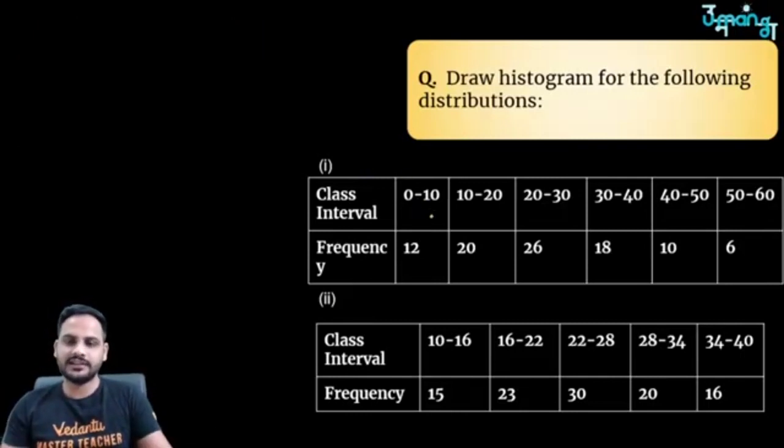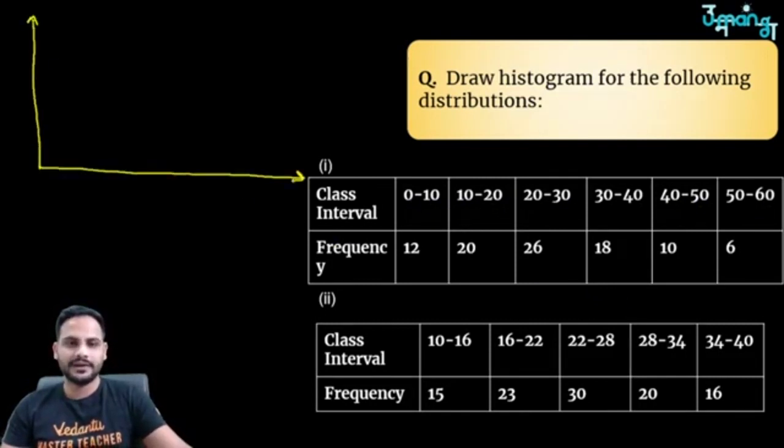So suppose let's take the first question. Class interval is given as 0 to 10, 10 to 20, 20 to 30, 30 to 40, 40 to 50, 50 to 60, and this is your frequency. Now what you will do, beta, you have suppose this graph over here. Remember, on x-axis you will put these class interval values. So put 0 here, 10, 20, 30, 40, 50 and 60 as class intervals.